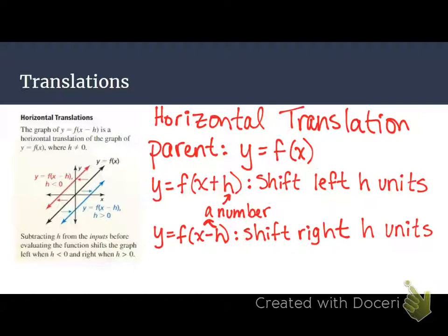Questions, concerns, need more time on those notes? Because I got to take those away to put up our vertical ones.